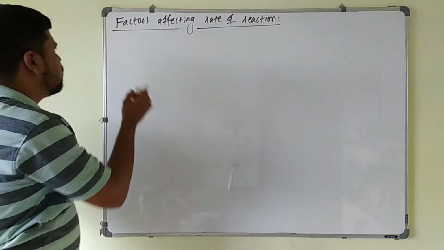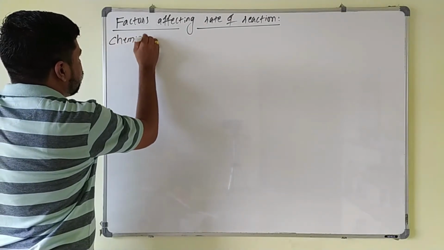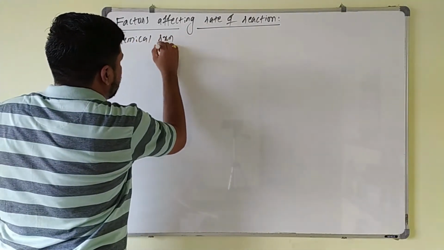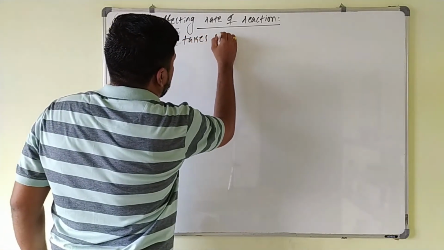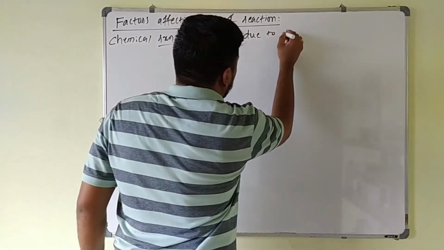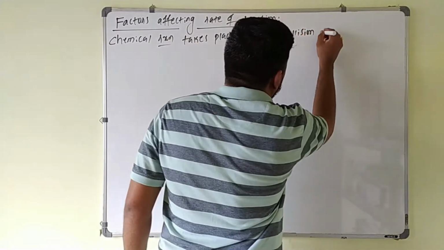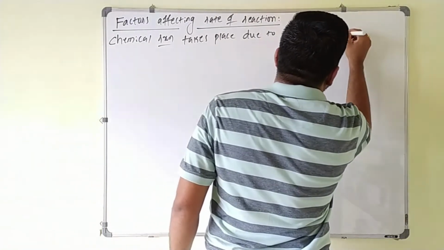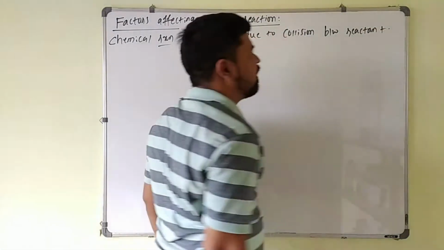So a chemical reaction takes place due to collision between reacting molecules, that is, between reactants.